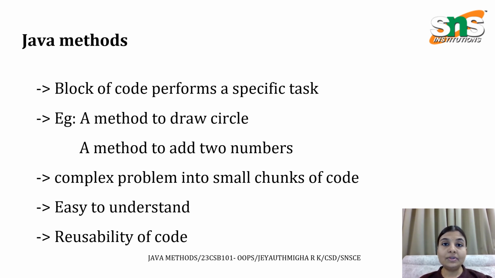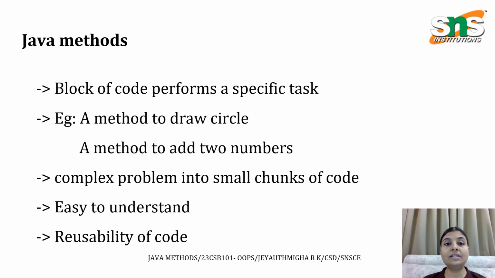Take an example: to compute the 5 subject marks of 50 students in a class and print the total marks, we have to include two statements for computing the 5 subjects.